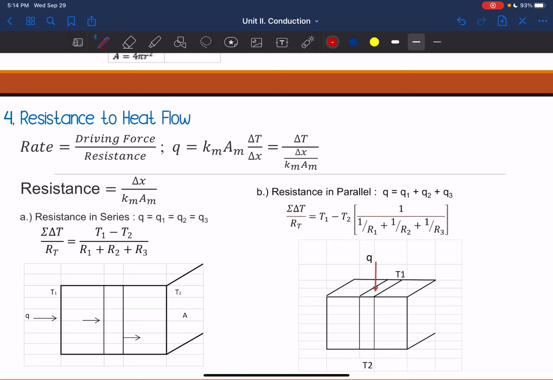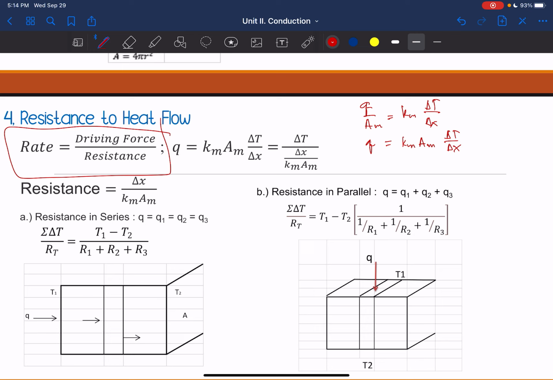So from our equation, Q over A mean is equal to Km delta T over delta X. If you rearrange, you get your heat flow Q equal to Km times the mean area times delta T over delta X. Now, following the definition of your heat rate, it's the driving force over resistance.